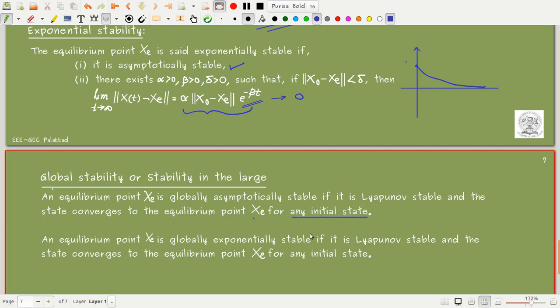So that is the difference here, for any initial state. Here also I have written Xc is globally exponentially stable if it is Lyapunov stable and the state converges to the equilibrium point Xc for any initial state at a faster rate.